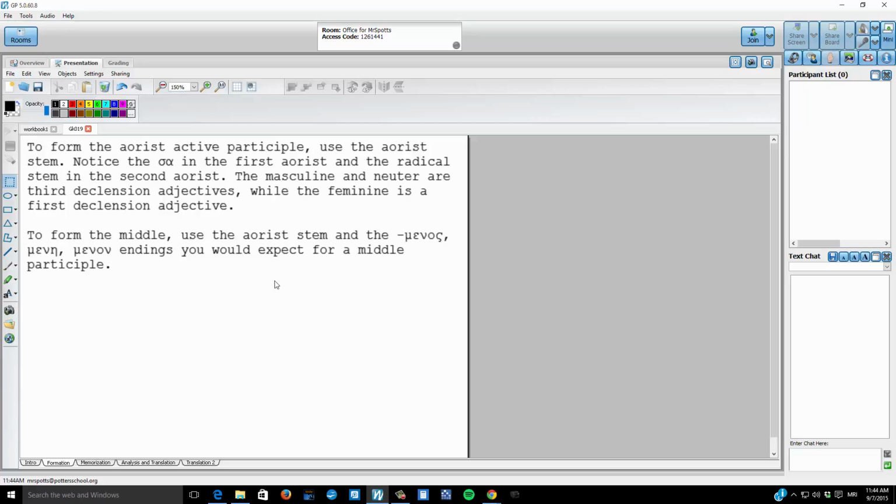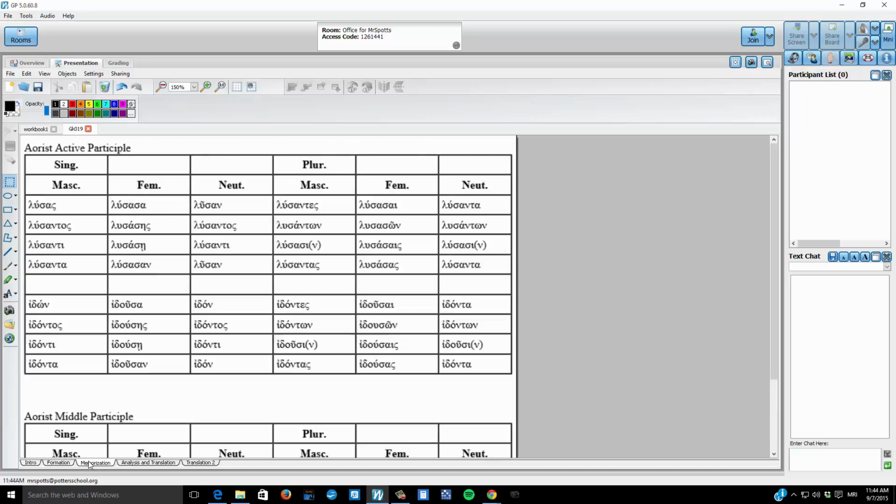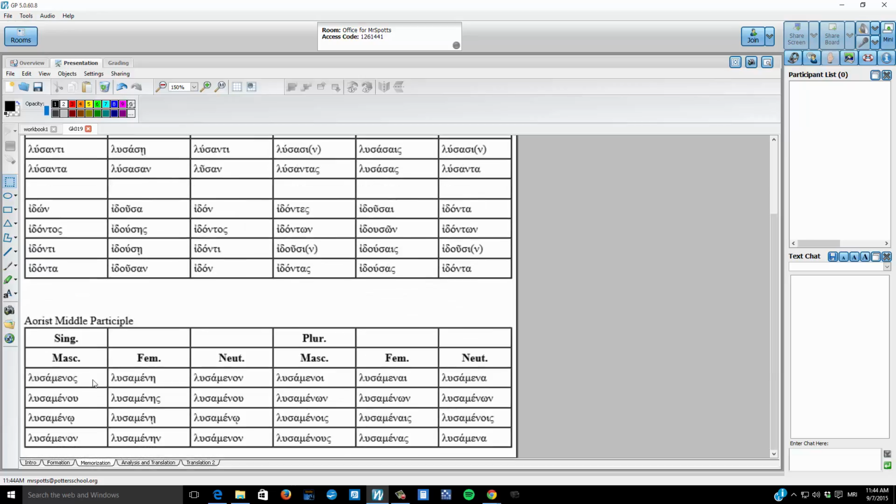How about the middle participle? You'll use the aorist stem, and as you did in the present participle, you'll use menos, mene, menon. First and second declension endings. Let's look at those at the bottom of the screen. You see we've just used luo again.